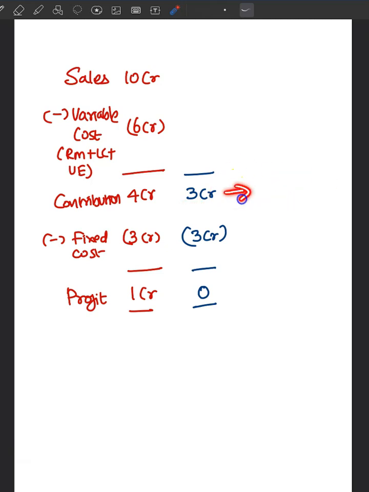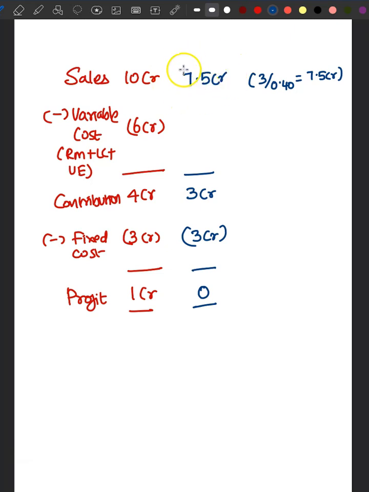So simply we can take 3 crore divided by 40%, that is 0.40, we will get break-even sales. I'll put that here, 3 divided by 0.4 and that works out to 7.5 crore. It means break-even sales is 7.5 crore.